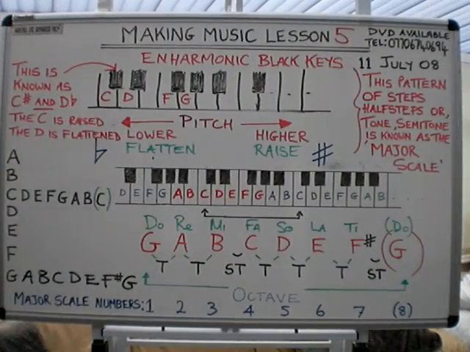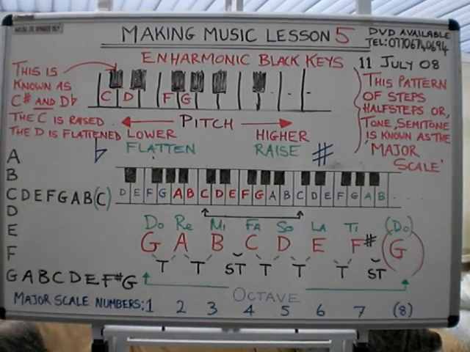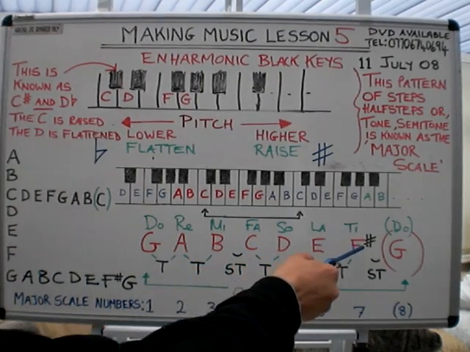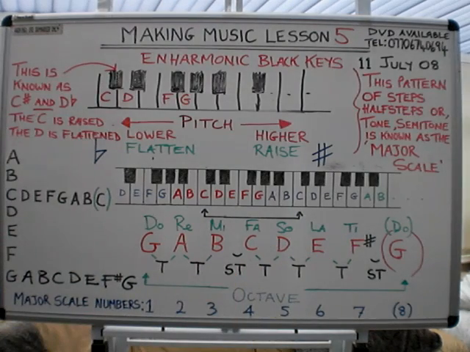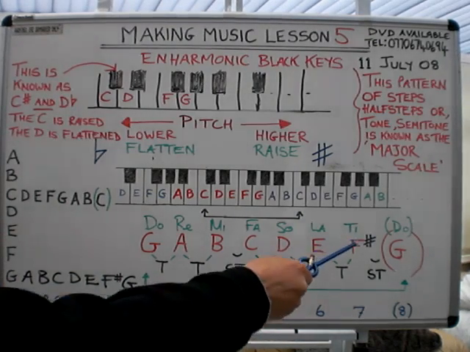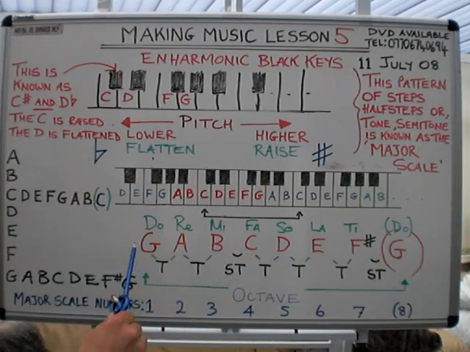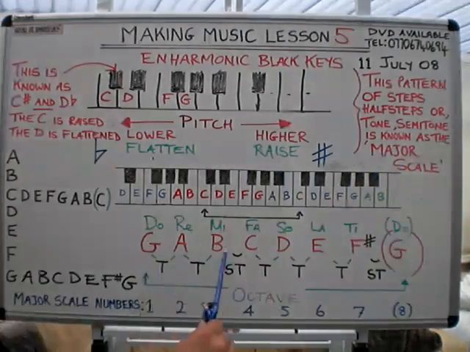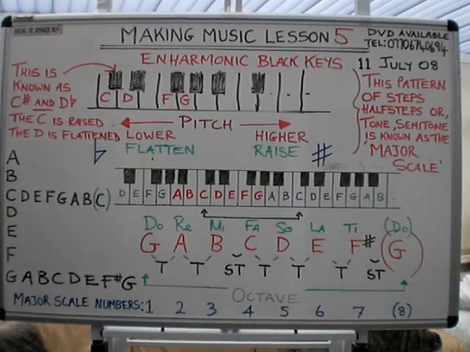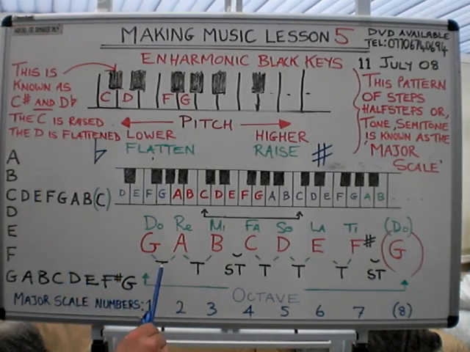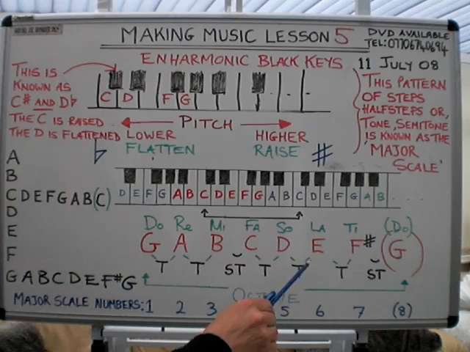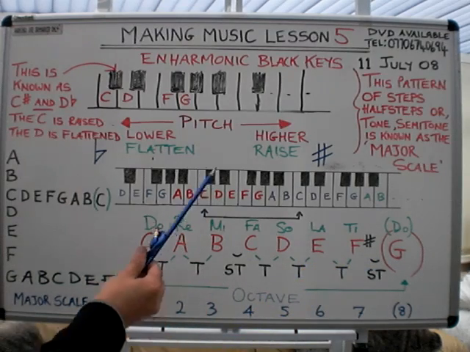This lesson we're going to continue where we left off with lesson 4, when we were talking about the introduction of how sharps are established. We know that when we did this G scale, it's called the G major scale, and we applied our tone, tone, semitone, tone, tone, tone, semitone structure.